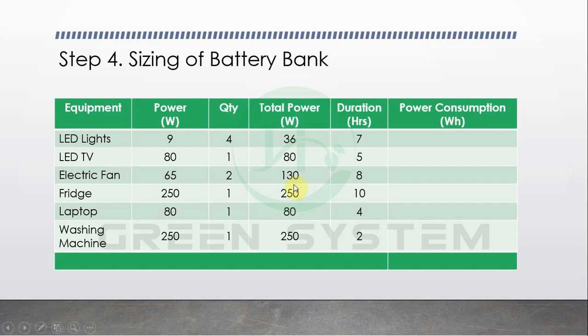Next, we'll list down the duration at which we operate this equipment. So for example, for LED lights, we will use it for 7 hours, TV 5 hours, fans for 8 hours each, for the fridge 10 hours, laptop 4, and a washing machine 2 hours for the laundry.